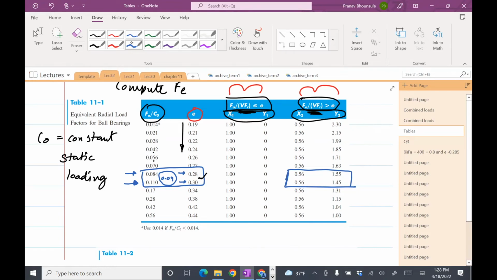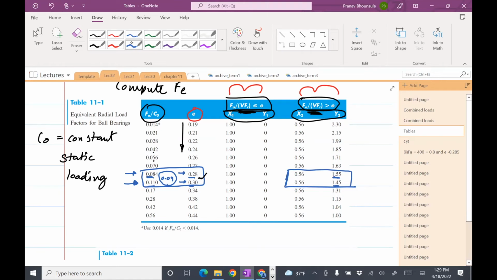The problem is here where we have 1.55 for E equals 0.28, and 1.45 for E equals 0.3. Or sorry, at 0.084 it's 1.55, and at 0.11 it is 1.45.